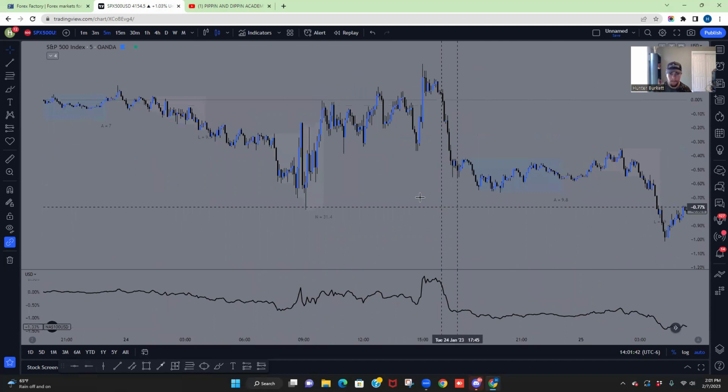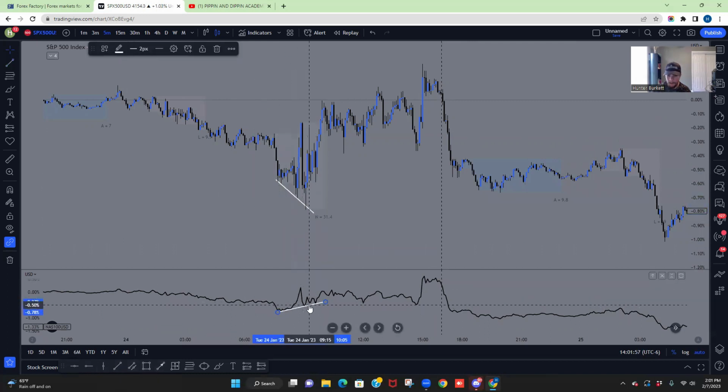Okay, you see here, we have a low, we have a lower low. Boom. Lower low, higher low. You see the difference? So you can use this to get into a trade.